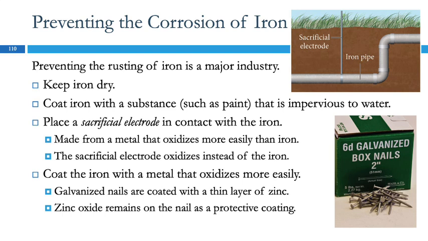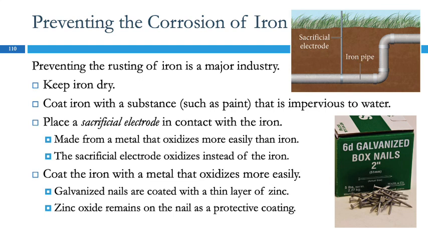You can also coat the iron. This is basically coating the iron with a sacrificial metal, a metal that oxidizes more easily. And this is what galvanization does. So galvanized nails are coated in a thin layer of zinc. And so the zinc will oxidize, and the zinc oxide is actually nice and sturdy like aluminum oxide, and so it will remain there and serve as a protective coating for the iron nail underneath.